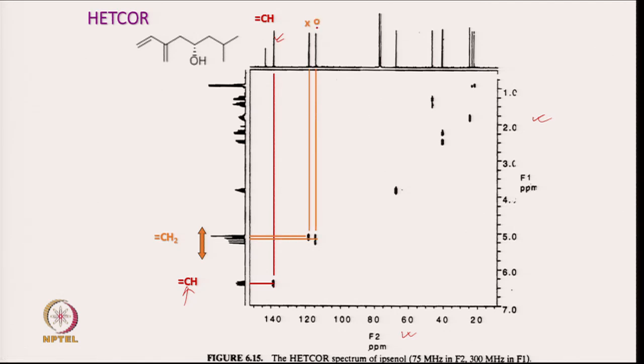Now, this CH2, you see this side is your carbon. So, now you can assign these protons also, and they have carbon chemical shifts around these values. Now, CHO, around this carbon is going to have a carbon chemical shift around 75 ppm.